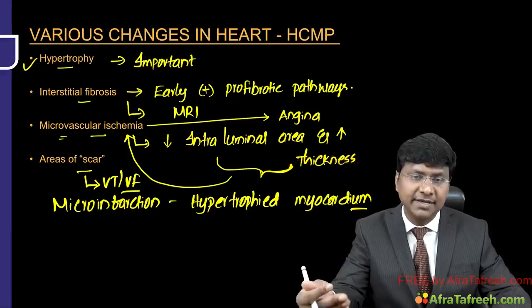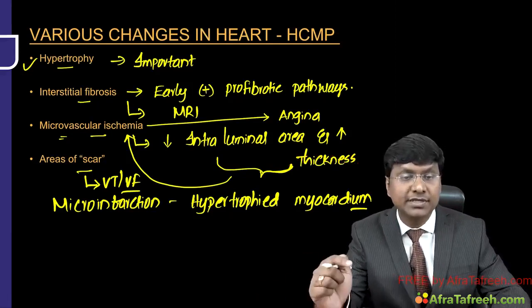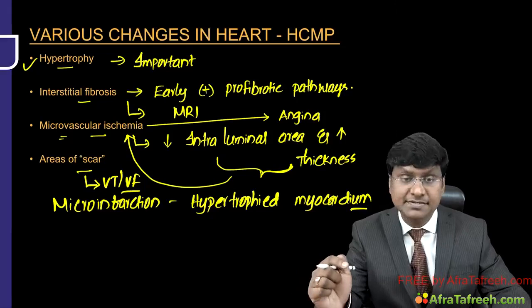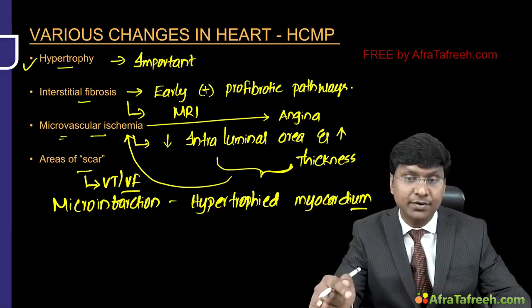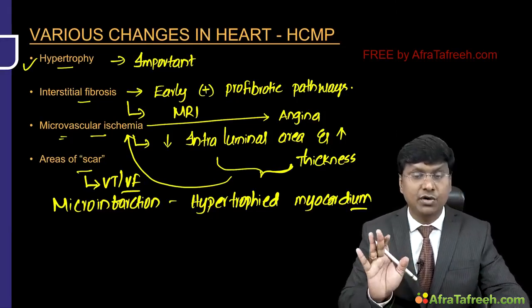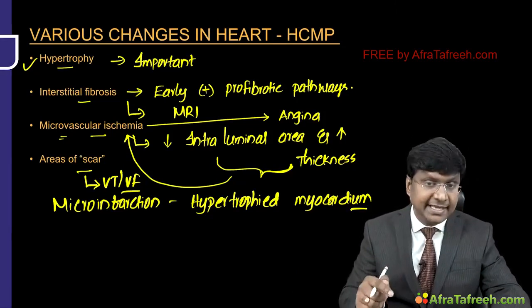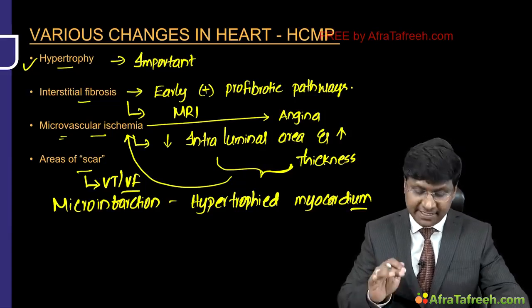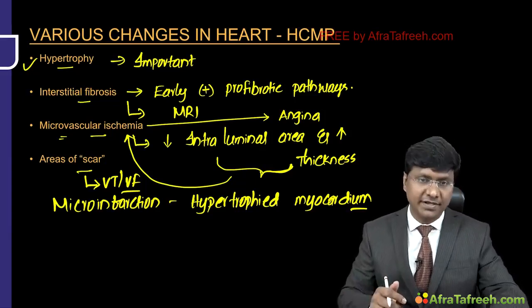This ischemia can progress to microinfarction of the hypertrophied myocardium, which has been hypothesized to cause the formation of the scar. And these areas of scar may represent the substrate for the development of VT or VF.